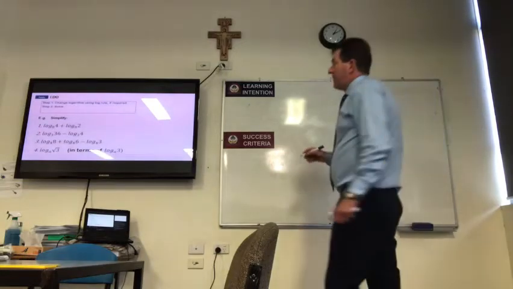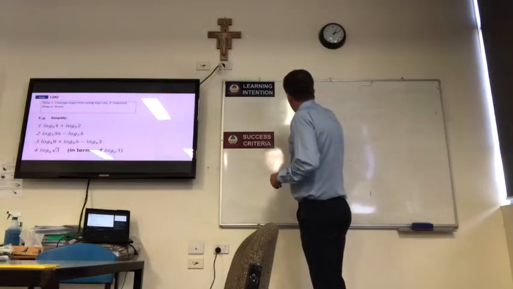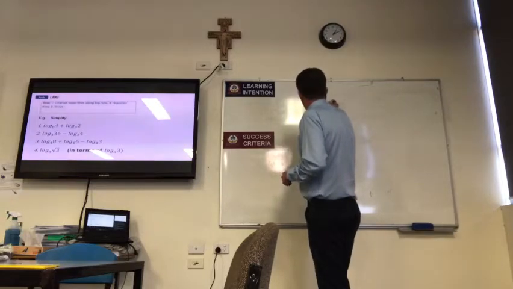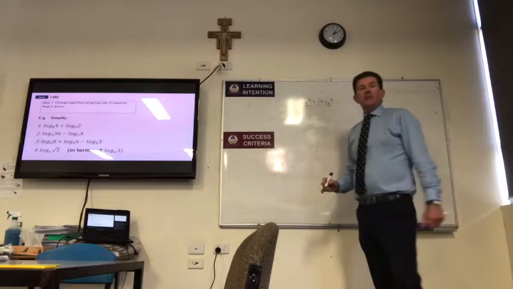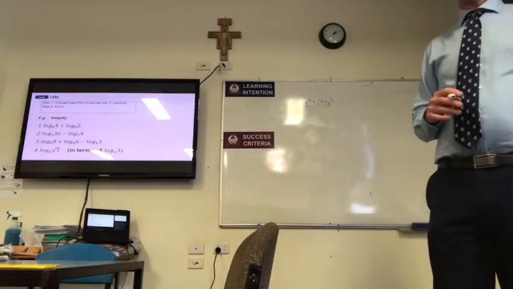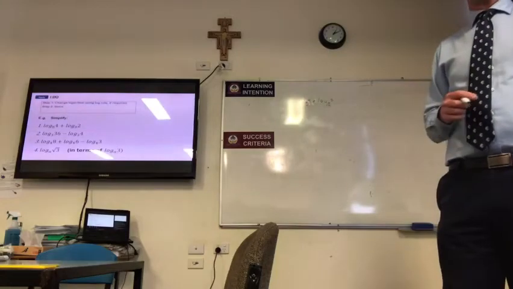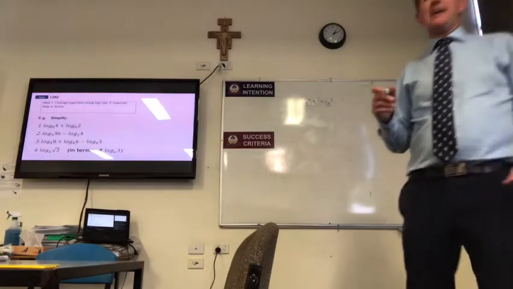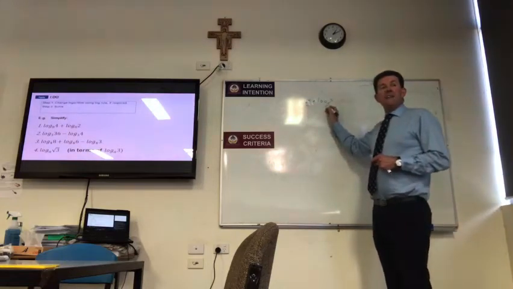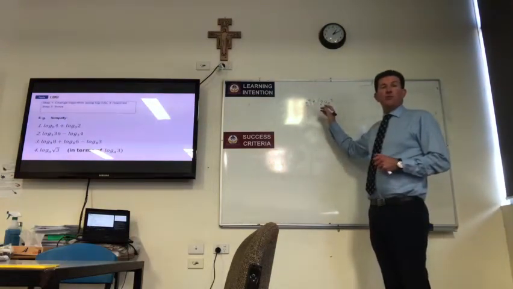So the first one, we've got log base 8 of 4 plus log base 8 of 2. We know that with the sum of a log, we multiply as long as the bases are the same. So notice that I've got base 8, so the bases must be the same to apply these rules.